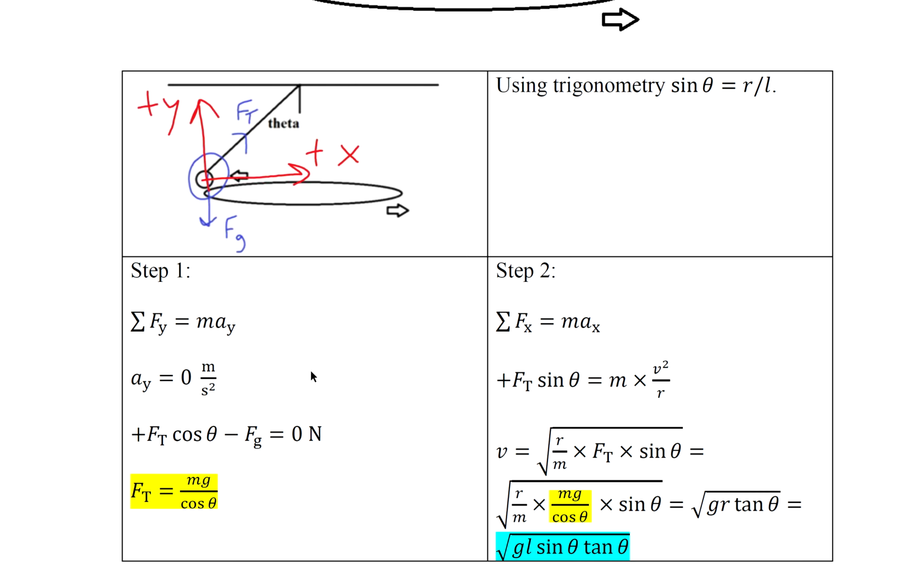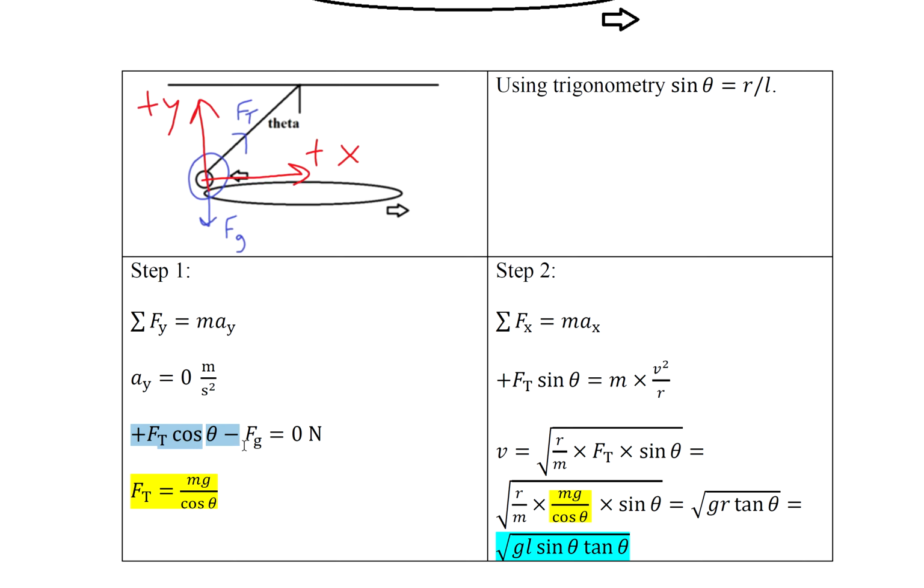Step 1, we're going to determine sigma F sub y equals ma sub y. Remember, circle the object, label the forces, put an x and y axis, and then use the equation F equals ma. So we know a sub y is 0 because the object is not jumping up and down. What forces do we have on the y-axis?